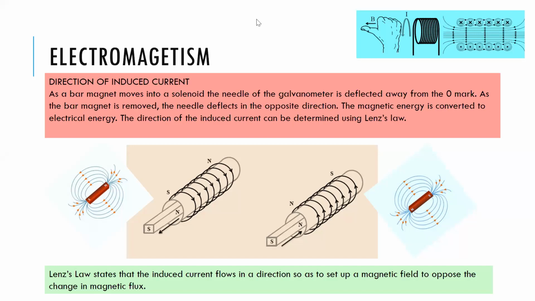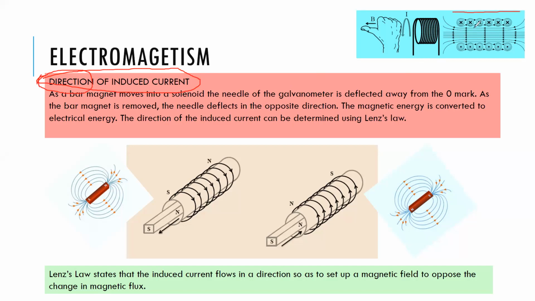Currently we are going to talk about induced current, which means produced current, and then identify the direction of current. If you remember, for the direction of poles of an electromagnet, look at your right hand.